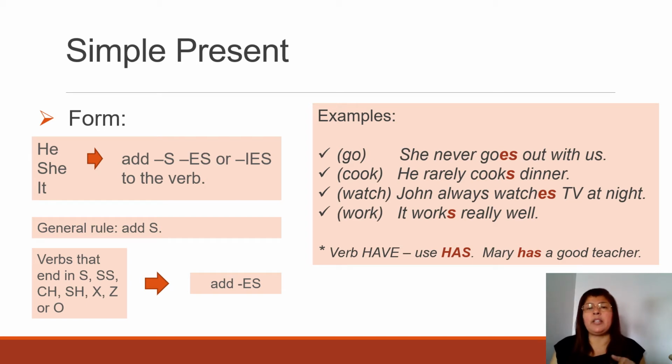So you pay attention because not every time you have he or she. Sometimes you have the name, so you have to substitute the name by the pronoun in your mind. And so you discover if it's he, she, or it, you have to add one of the endings, s, es, or ies.